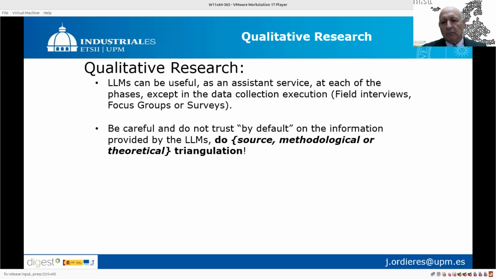For all of those steps, the LLM could be very helpful. Obviously, for the step of collecting data from people, running the instrument itself, that needs to be done by you.